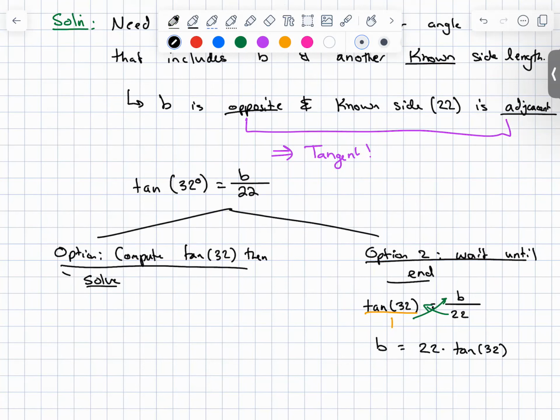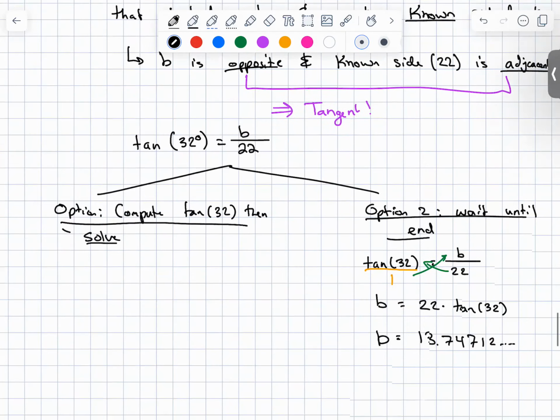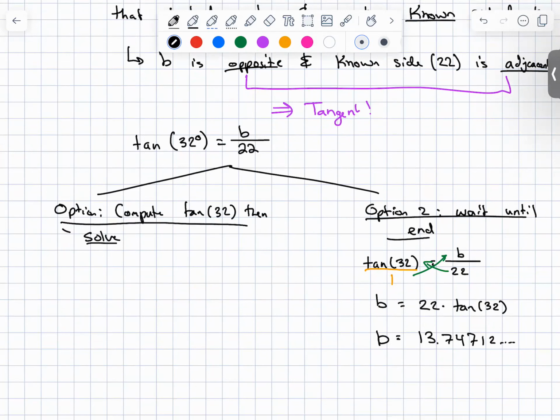So then I plug it into my calculator. 22 times tangent of 32 degrees is going to be B equals 13.74712. I didn't specify how many decimal places to round to, so let's just round to 2. So this is approximately 13.75.